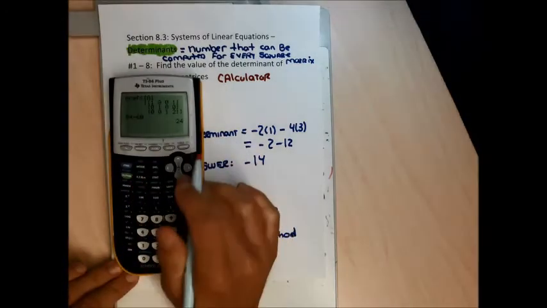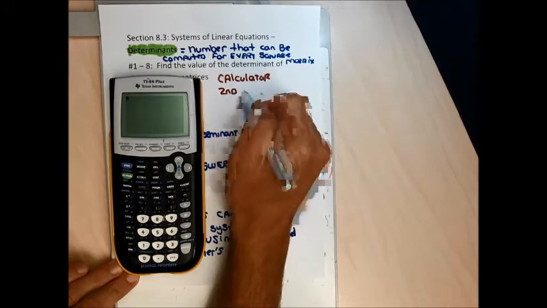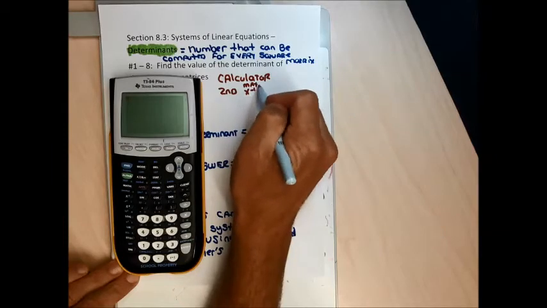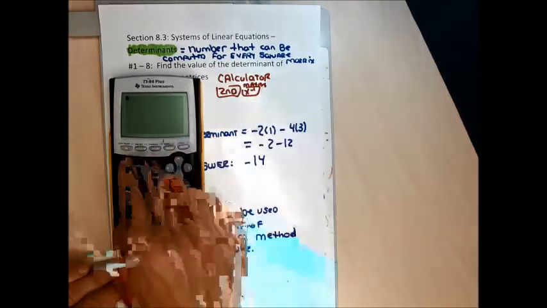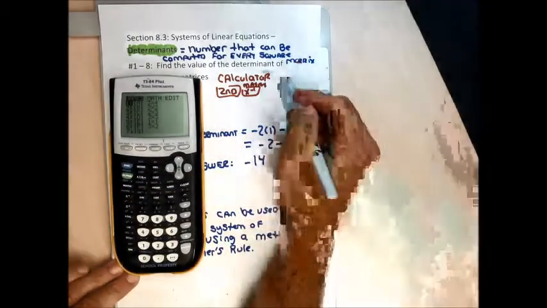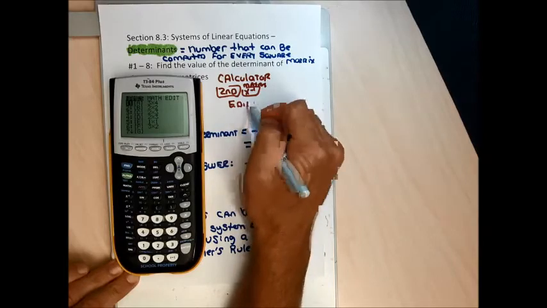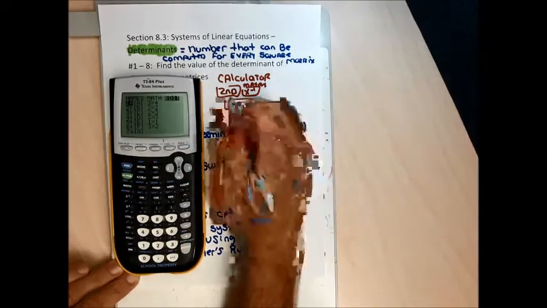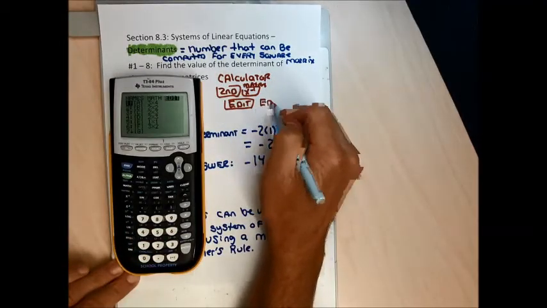To enter a matrix, you're going to go second, and then the X inverse matrix key. So second, X inverse, and then we're going to go over to edit, and hit enter when number 1 is highlighted. And we're going to enter the data.